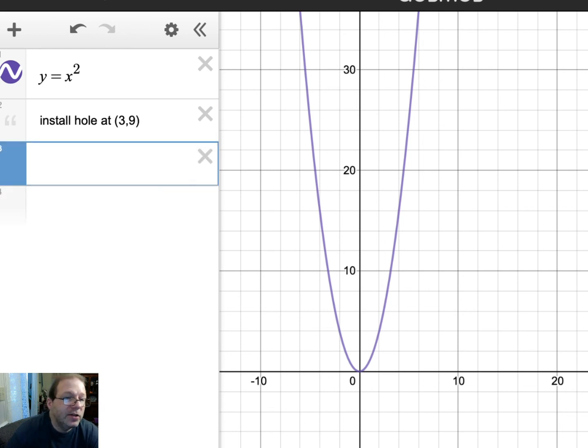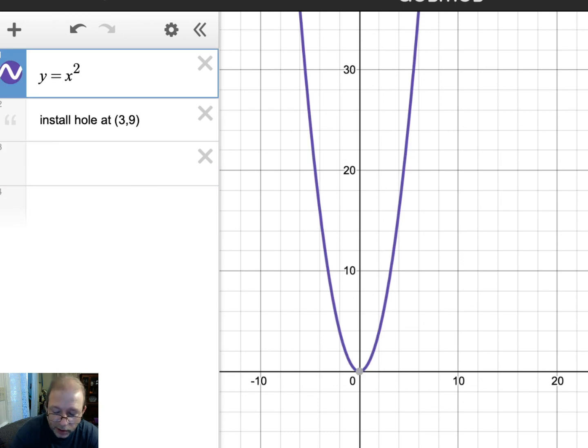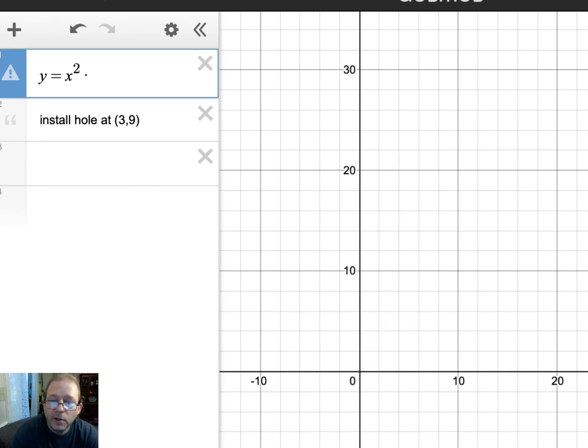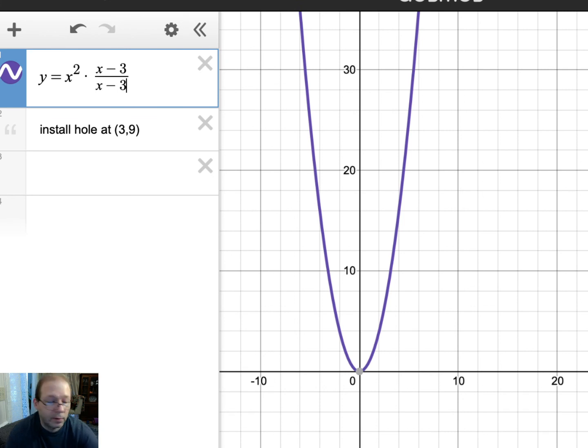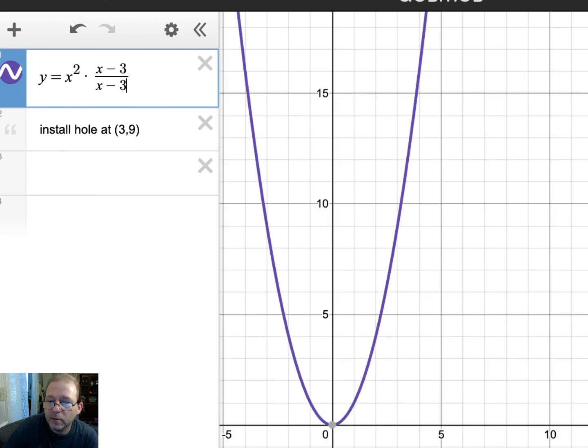The way you do that is you take the original function up here, x squared, and you'd multiply it by x minus 3 over x minus 3. We can't really see it unless we come in here, and now 3 undefined.